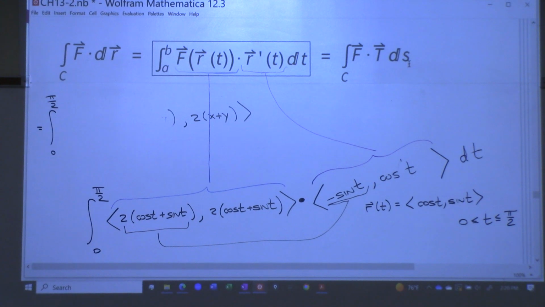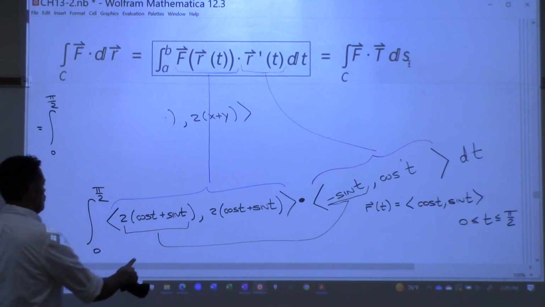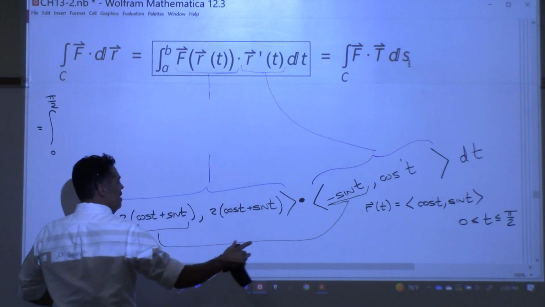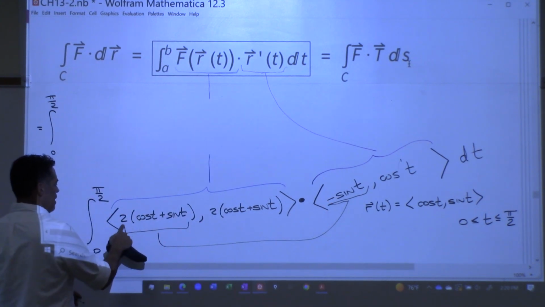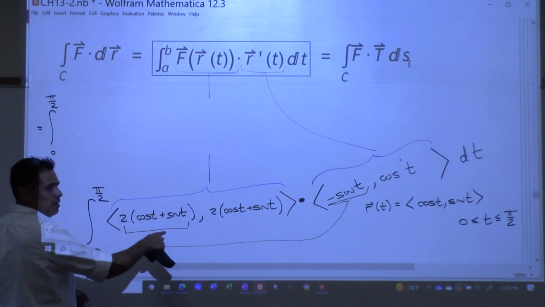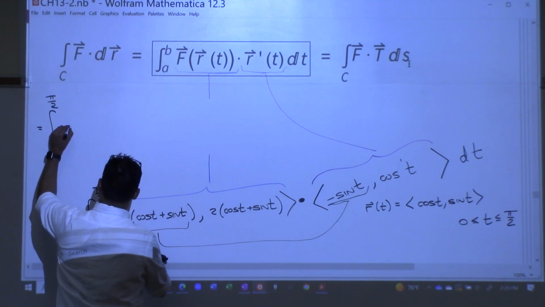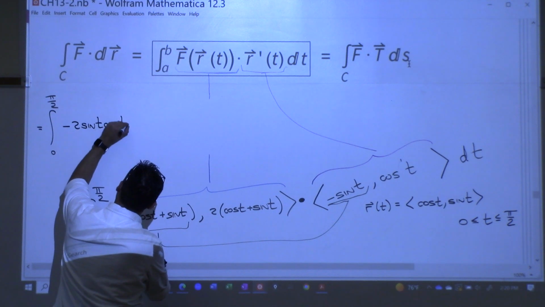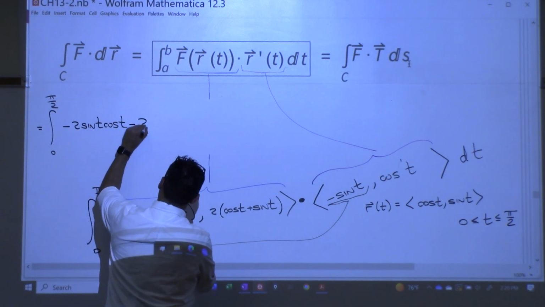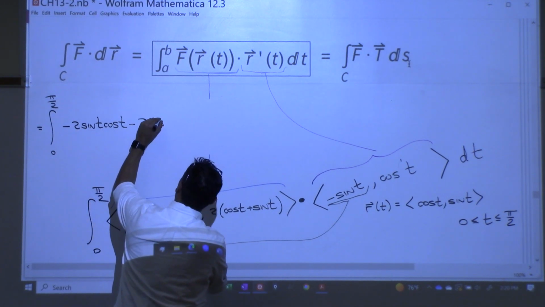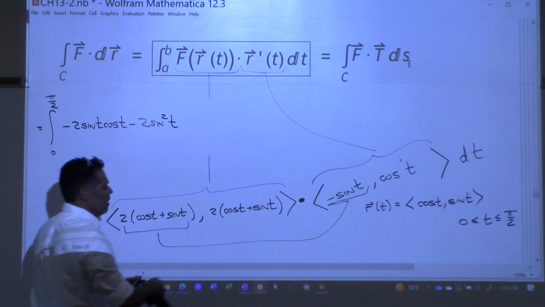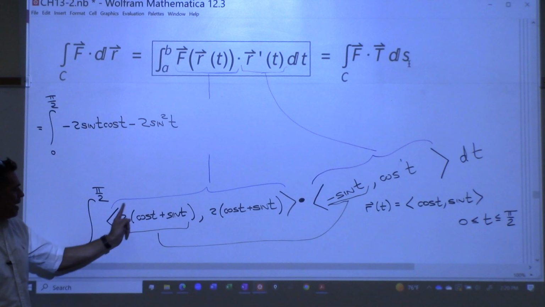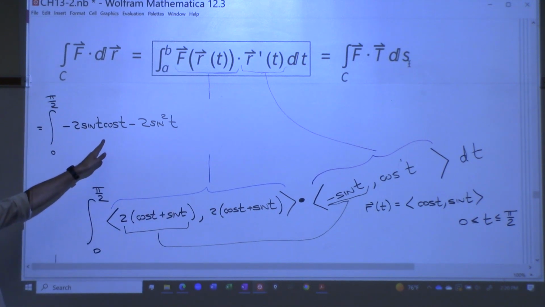I'm going to try and do it all together. So I'm going to do the negative sine t here. I'm going to distribute the 2 through as well. So I should get negative 2 sine t cosine t minus 2 sine squared t. All right, isn't that what I would get? If I hit this with a negative sine t, and then pass a 2 through, I should get that.